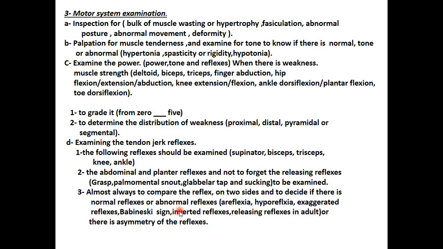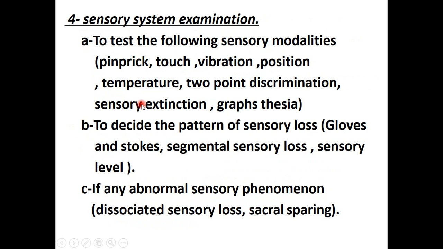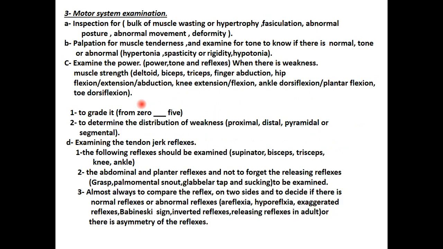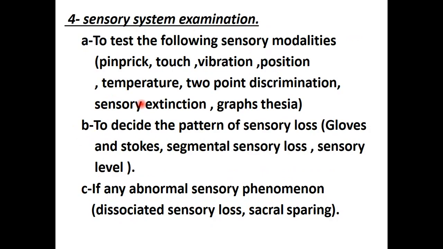You have to look for the inverted reflexes, releasing reflexes in adults, or asymmetry of the reflexes. It's very important. So examination of the reflexes is important in examination of the motor system of the patient. The motor system is inspection of the muscles, examination for the tone, examination for the power, and examination for the reflexes.